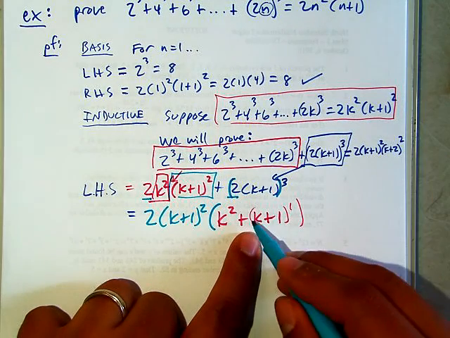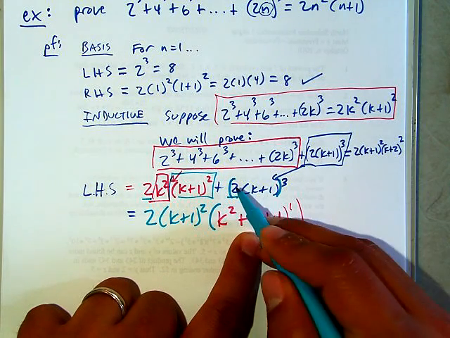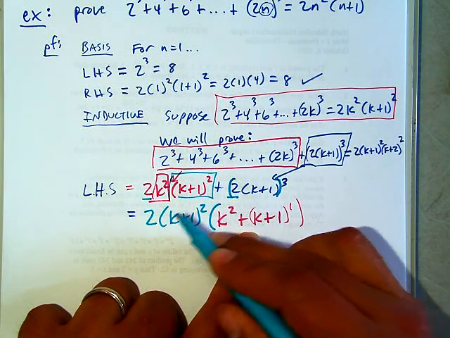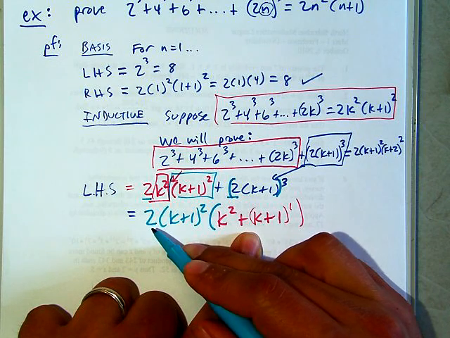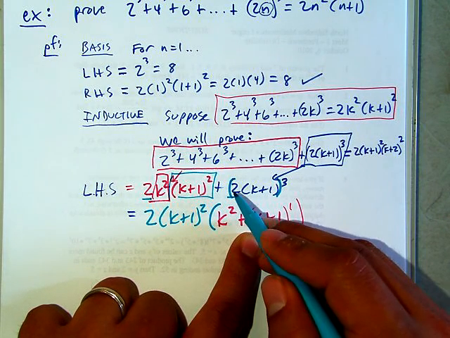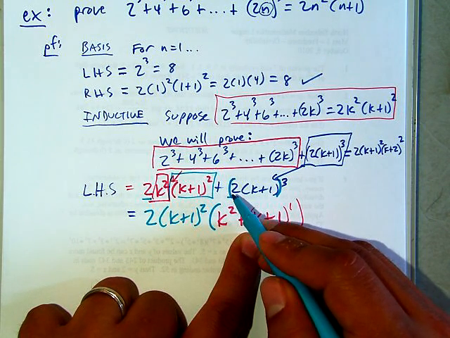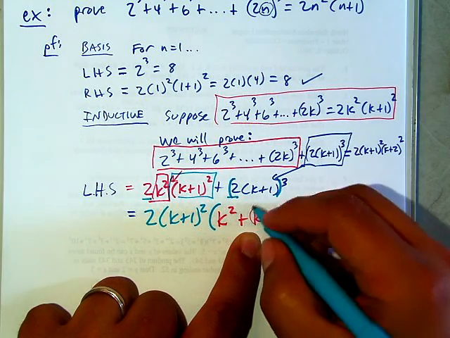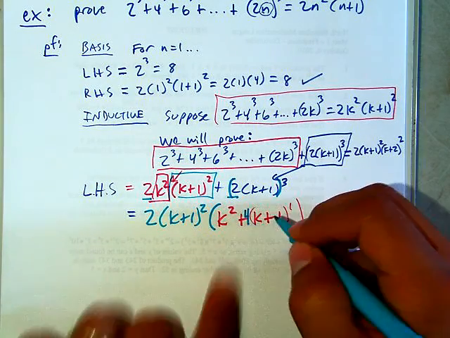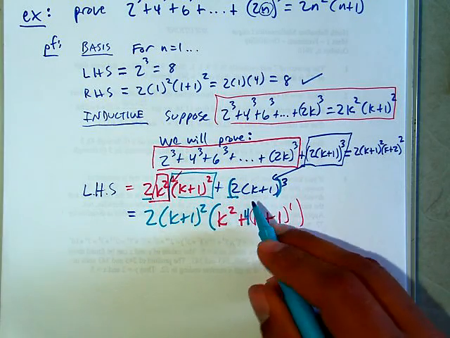Now we can fix this real easily. Since this is all cubed, I took a 2 out, right? This is really an 8, right? So what should this be on the outside here? That should be a 4. Okay?